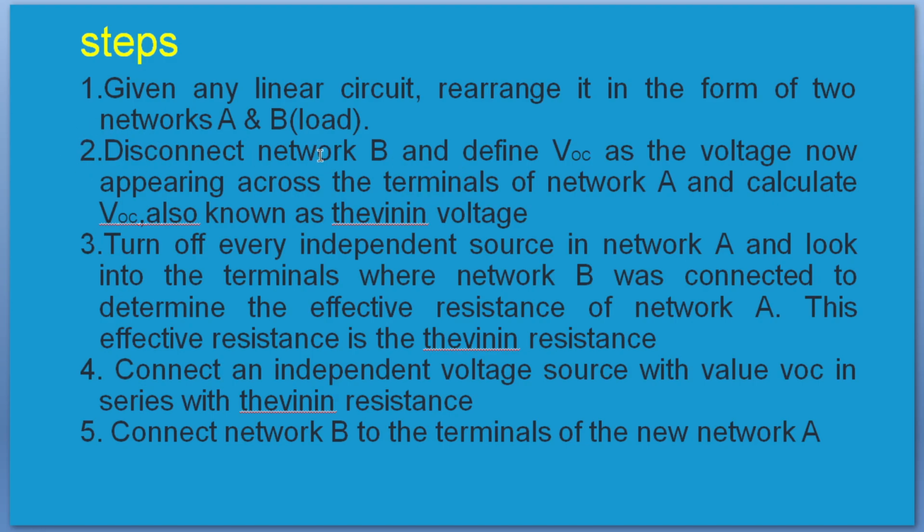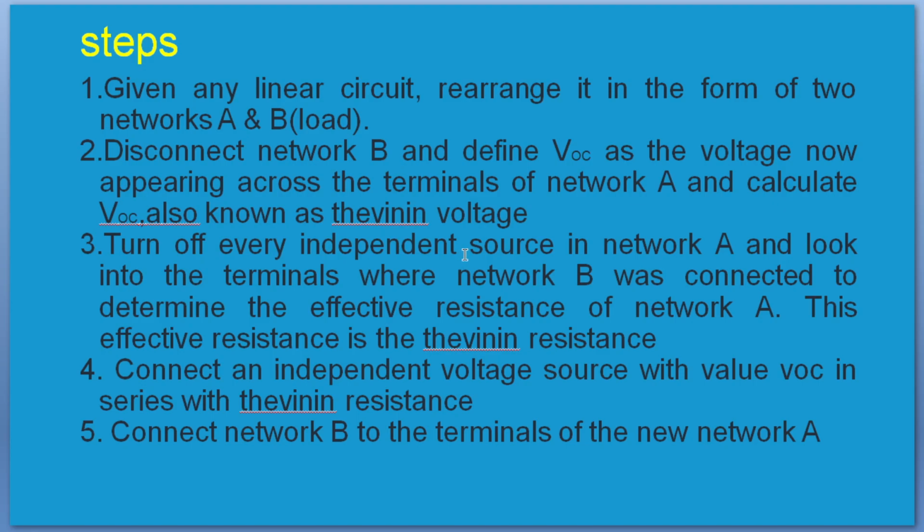The second step is to disconnect the network B, here the load, and define VOC as the voltage now appearing across the terminals of network A, and calculate VOC. What is step 3?